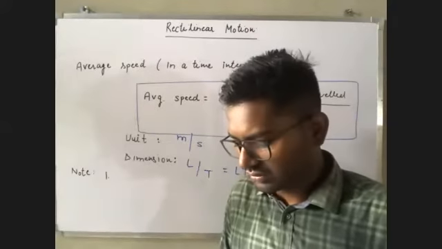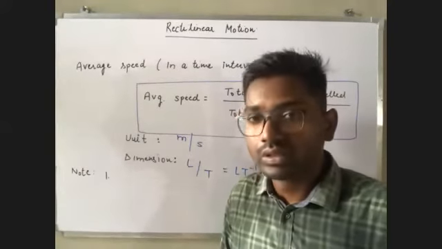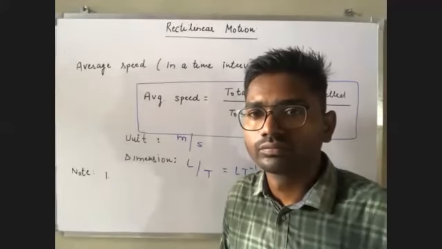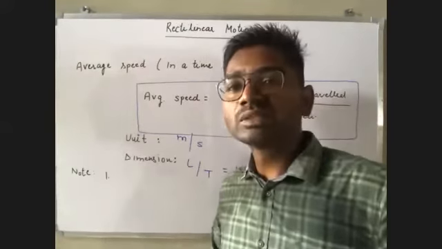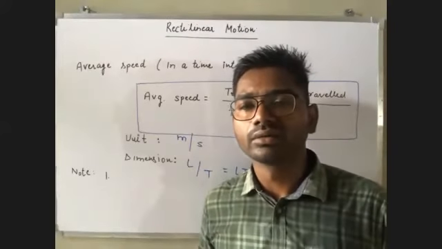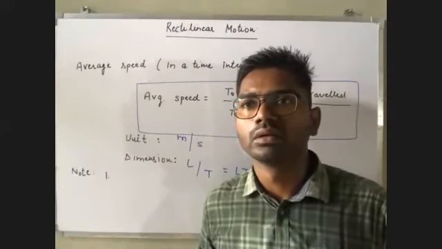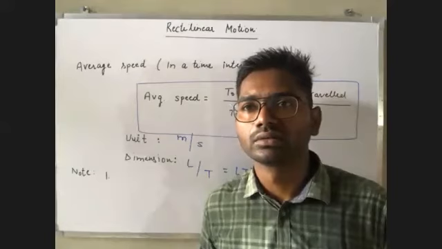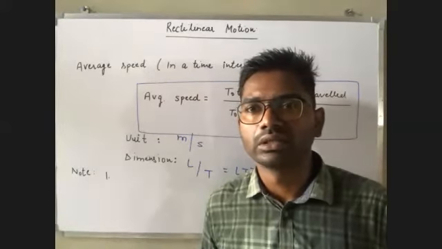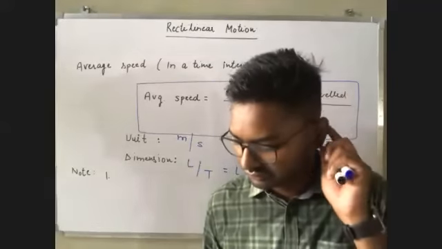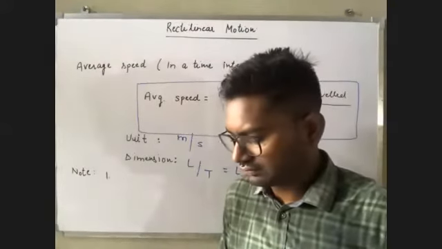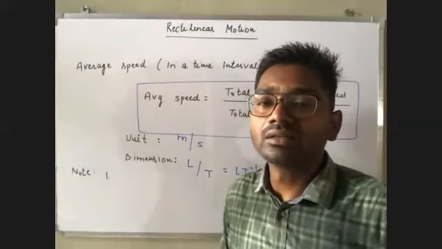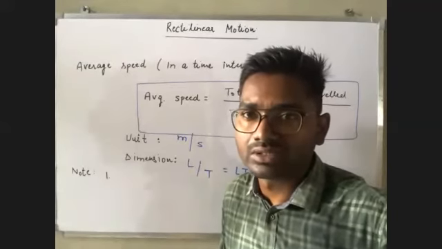Write down the third note. Average speed is in general greater than the magnitude of average velocity.